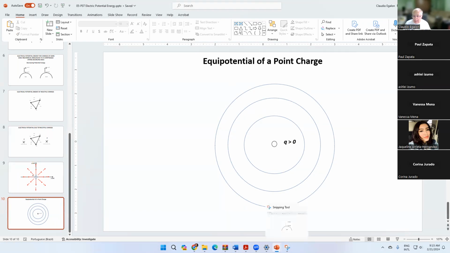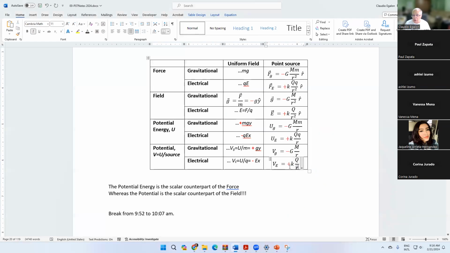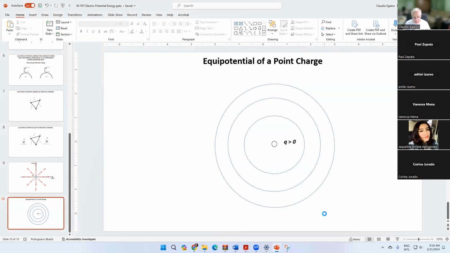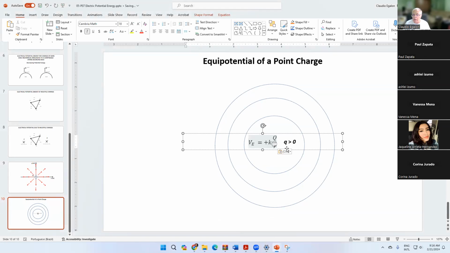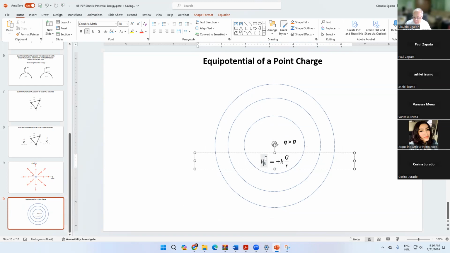Strictly speaking, let's go back to my notes. I'm going to copy that. Strictly speaking, we are going to have, for instance, I'm going to call it V1. That's going to be my first equipotential surface.